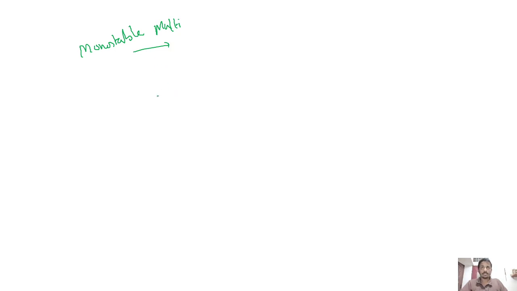See, I will just tell you. Monostable means it has only one stable state. Whenever I give a trigger, or an input which triggers the monostable, say the output is always stable at a particular voltage, it will suddenly change, and after a while it will go back to its stable state.